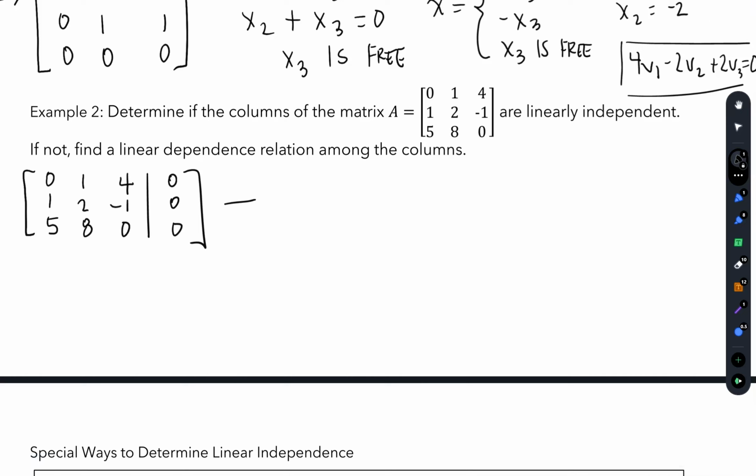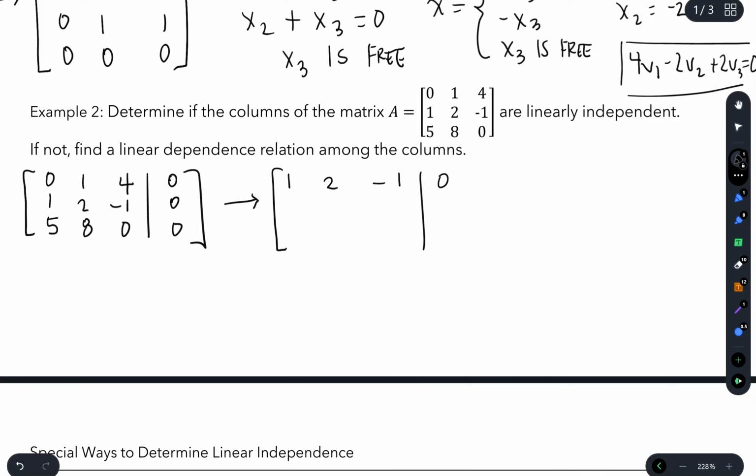Okay, so what's my first step in doing my reduced echelon form? Here, I have a 0 at the top. So what do you think I need to do? Interchange, yes. So we could take row 2 and that becomes my row 1. Are y'all okay with that? Or is that what y'all did?